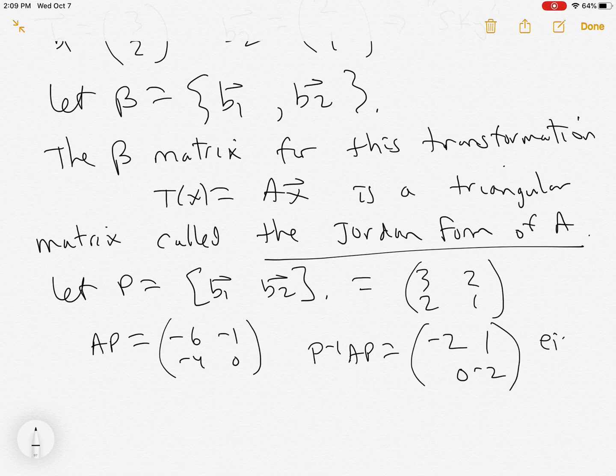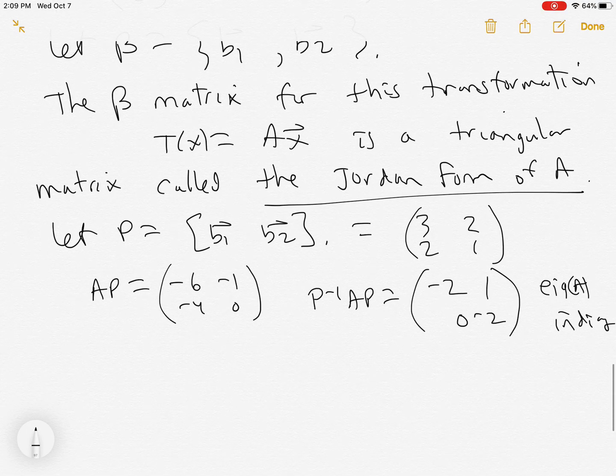So note the eigenvalues of A are on the diagonal, but it's not a diagonal matrix, it's upper triangular. So it's close to being a diagonal matrix, but not quite. You still get the same data though: the eigenvalues on the diagonal. So this matrix is the B matrix for the transformation.